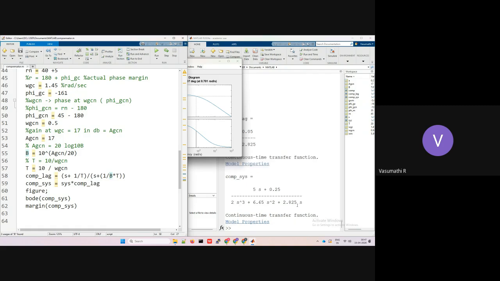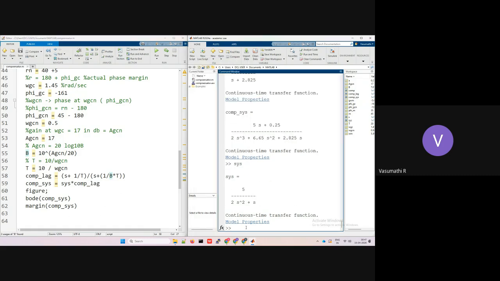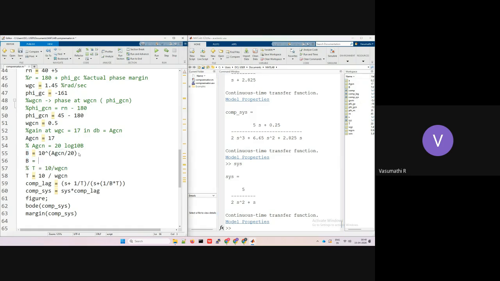System is the same. Instead of beta, it is 37 as in the textbook is making.